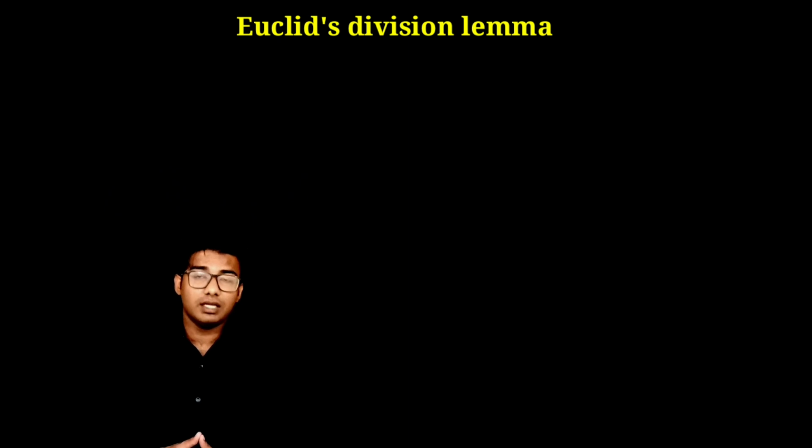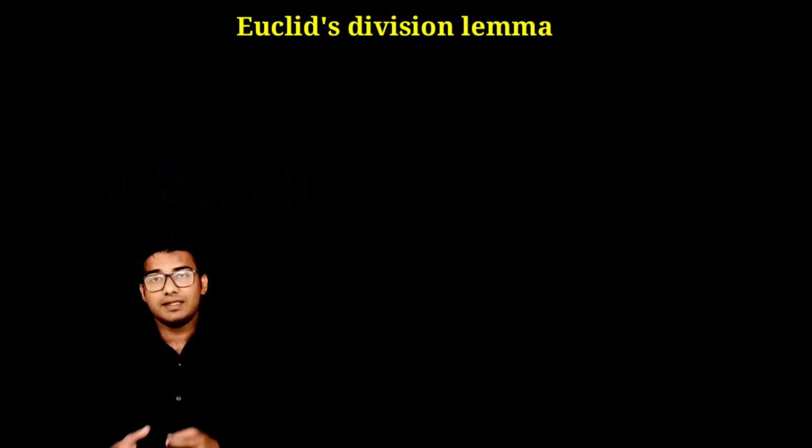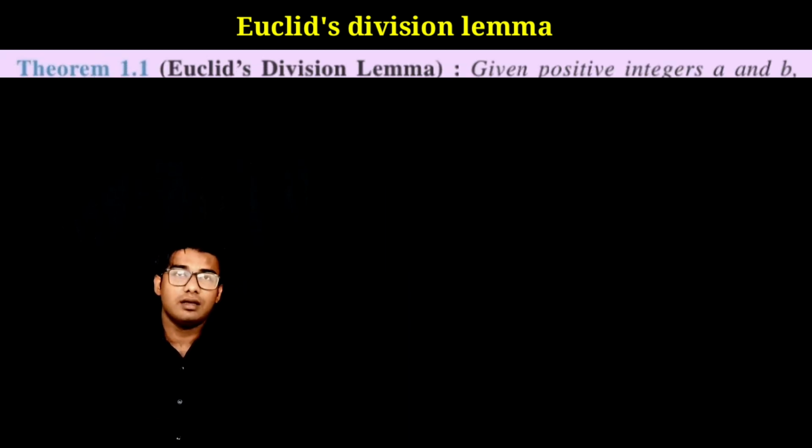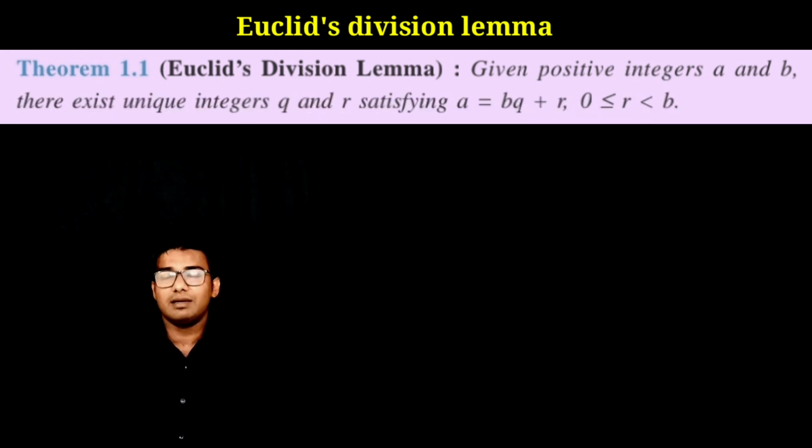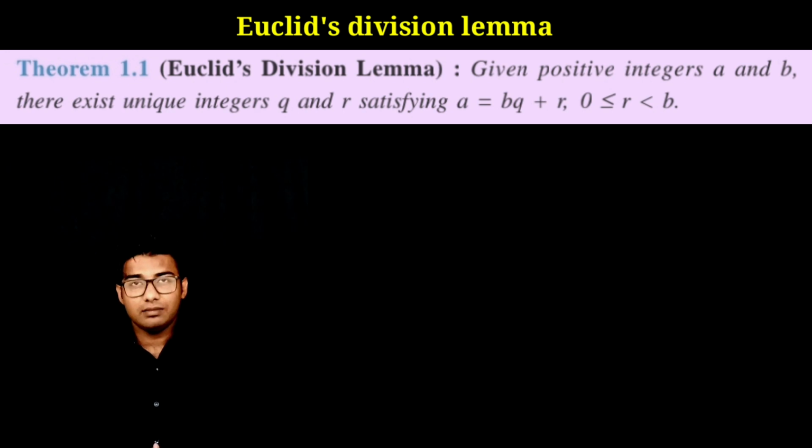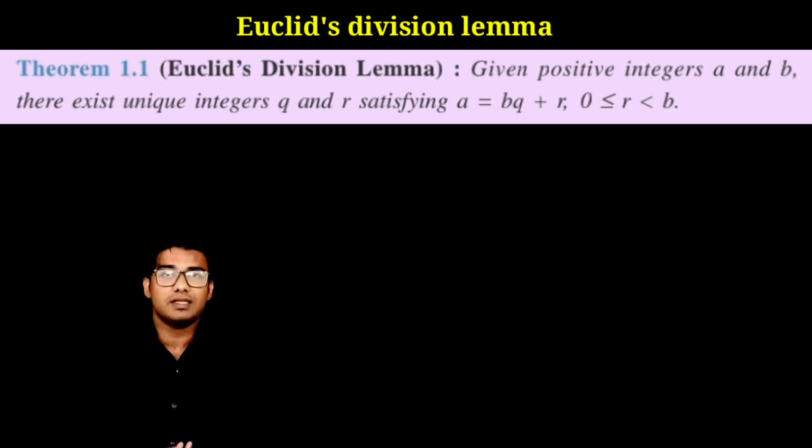We have a theorem in our class 10th NCERT book: given positive integers a and b, there exist unique integers q and r satisfying a equals bq plus r, where 0 is less than or equal to r, and r is less than b.